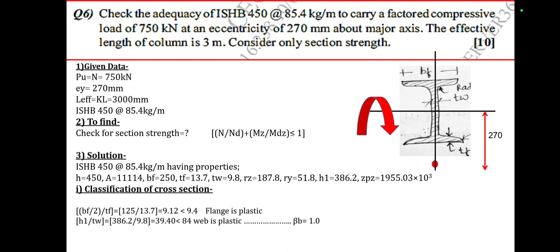Then H1 upon TW, which is equal to 386.2 divided by TW 9.8, and the value is 39.40 and it is less than 84 epsilon, hence our web is also plastic. As our flange is plastic and web is plastic, the section is also plastic, and therefore the value of beta B is equal to 1.